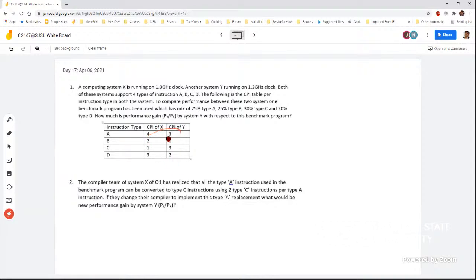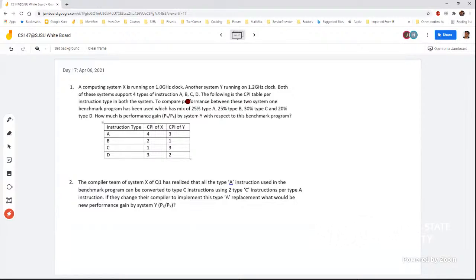Obviously, they are different. System Y performs better with instruction types A, B, and D, but for instruction C, it actually needs more time. So system X is optimized to perform better on class C instructions.